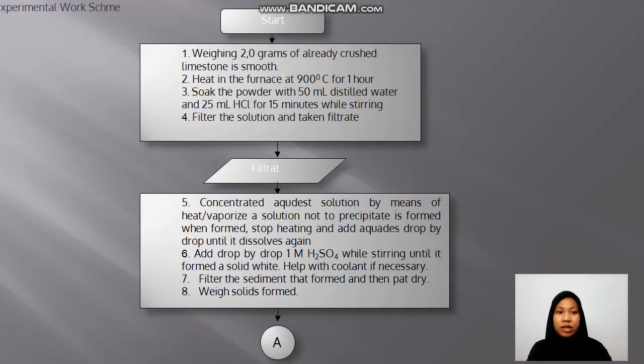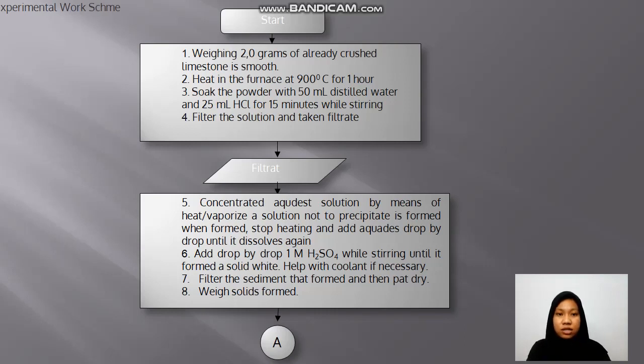Next, experimental work scheme. Number 1, weigh 2 grams of already crushed, smooth limestone. Number 2, heat in the furnace at 900 degrees centigrade for 1 hour.